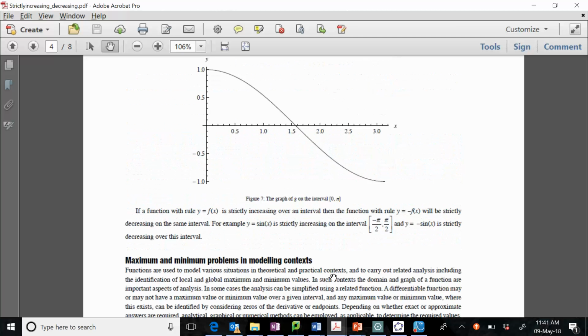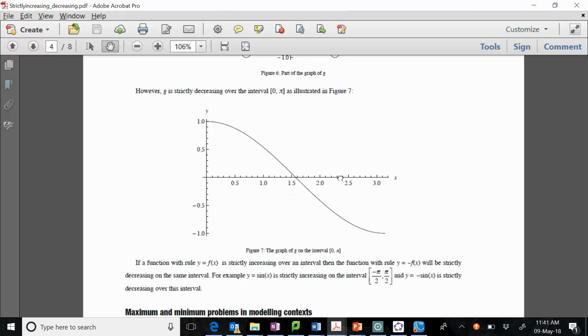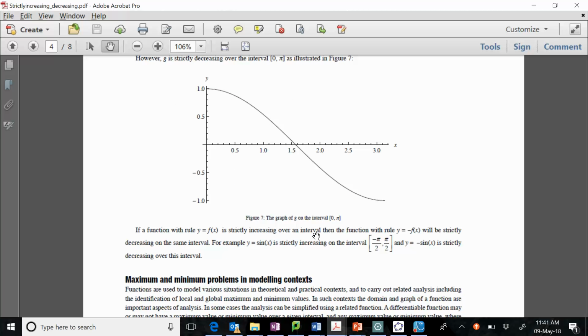What about increasing? Strictly increasing over the interval will be strictly decreasing on the same interval. According to this example here, you do include the maximum and minimum points. So you're right.